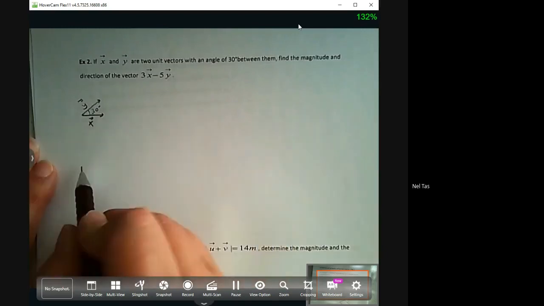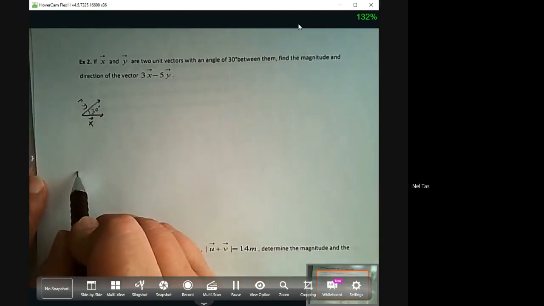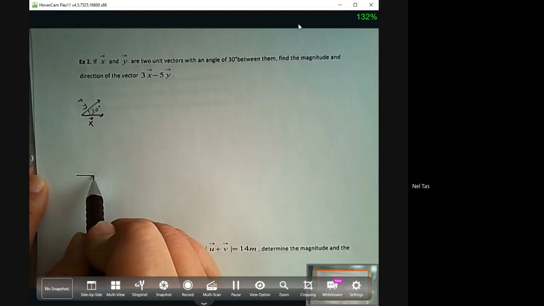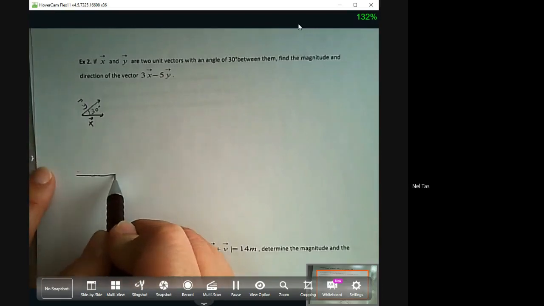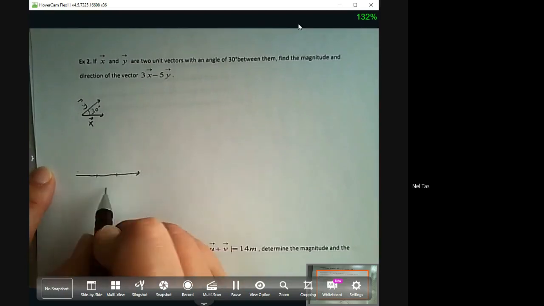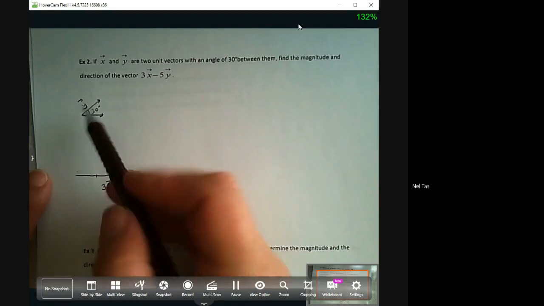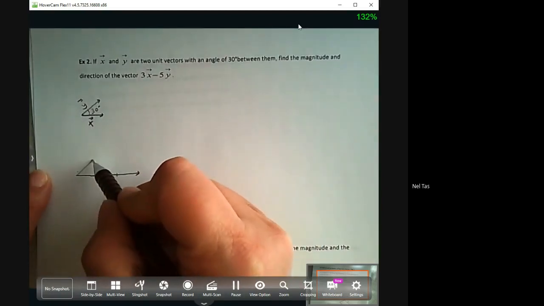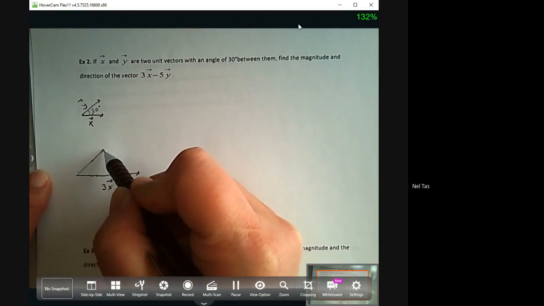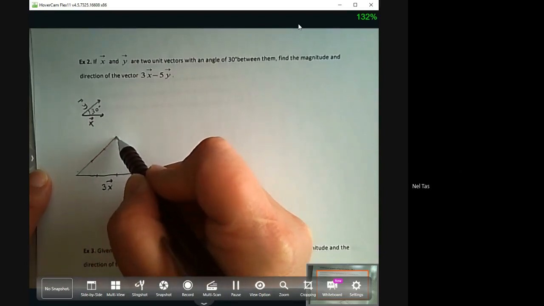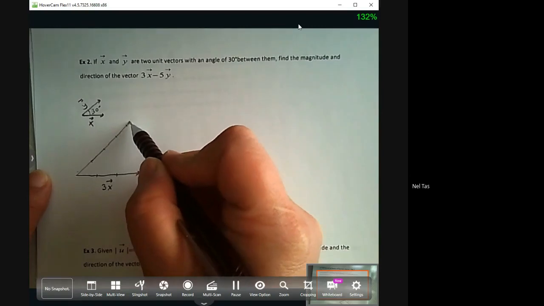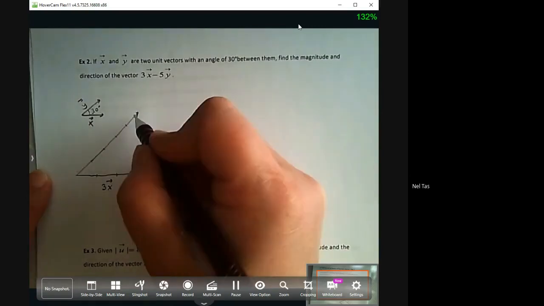So I'm going to draw, let me do it here. So 3x: 1, 2, 3. So this is the 3x vector. And I need 5y: 1, 2, 3, 4, 5.